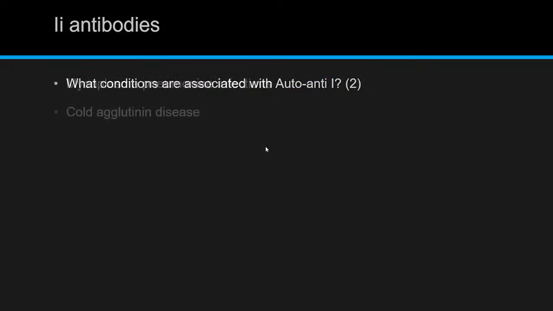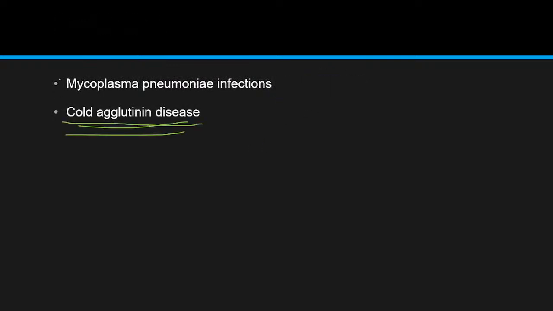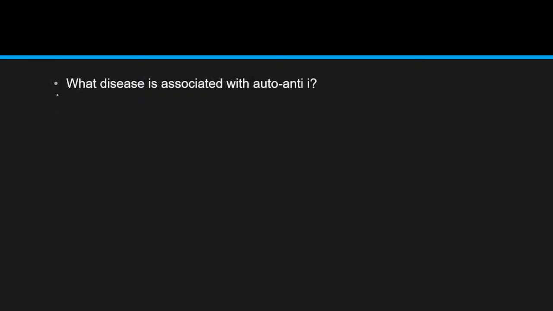I think in bacteriology they always repeat this when you discuss mycoplasmas and ureaplasmas. All right, disease associated with auto-anti-small i. Auto-anti-small i is associated with infectious mononucleosis. So sometimes patients will form auto-anti-i. And this is true for patients who have the kissing disease.